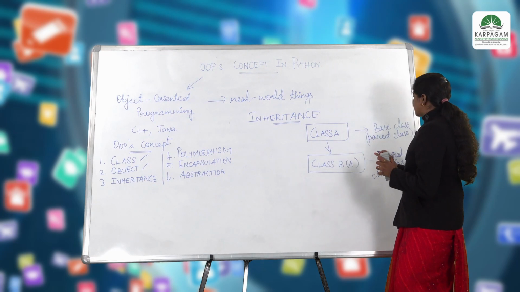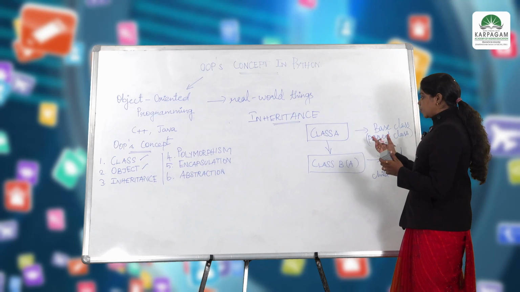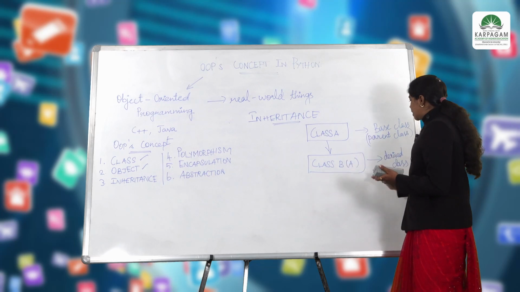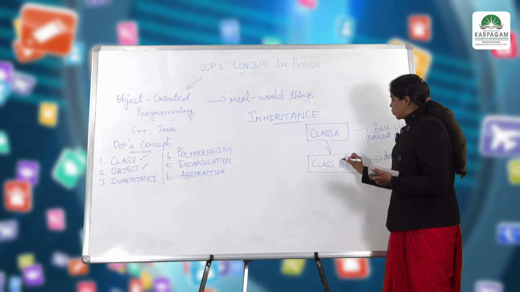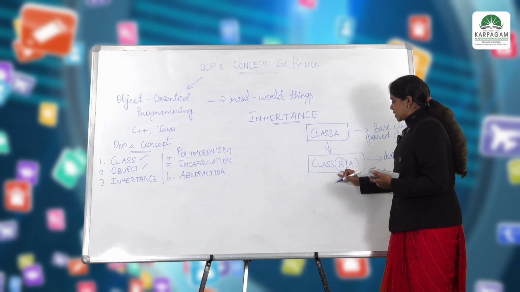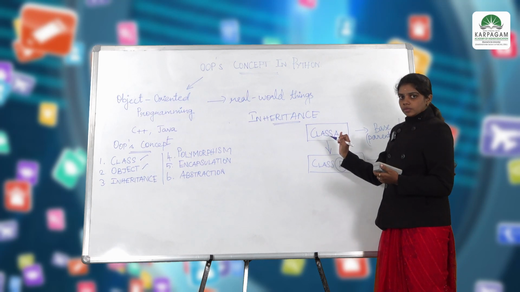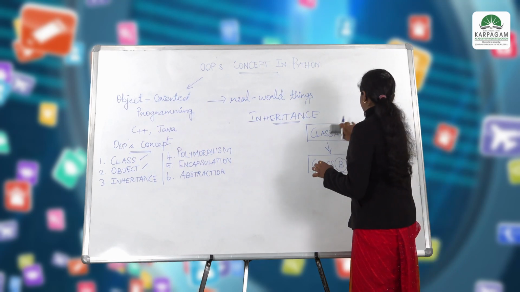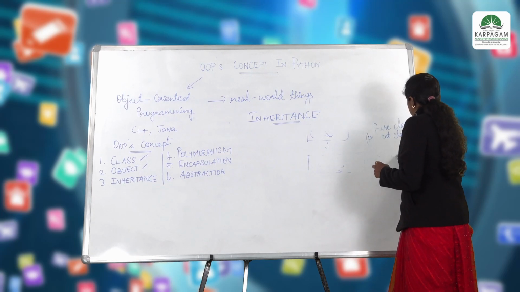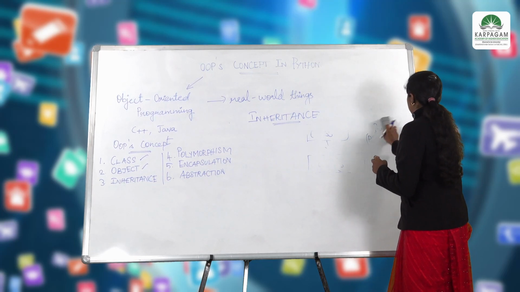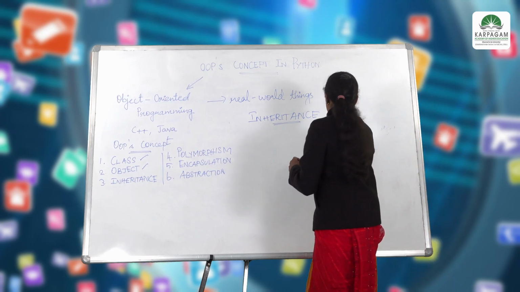Likewise, a parent class behavior will be derived to the B class, which we can use in the B class. But we can't use the B class properties derived to A. Okay, understand? Now, the syntax for inheritance.